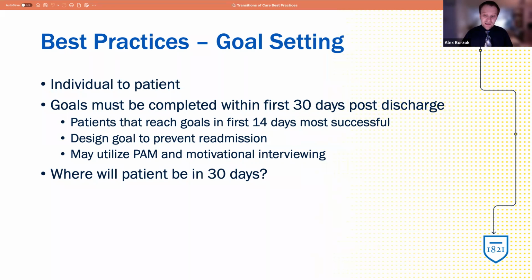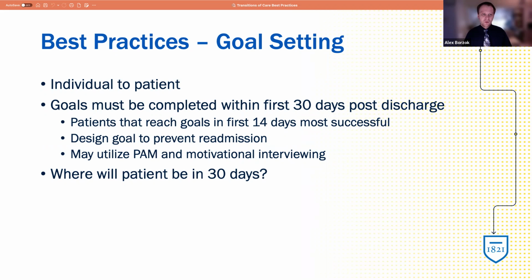Ultimately, we want to prevent readmission for longer than 30 days, but in order to get that reimbursement from CMS, from Medicaid, Medicare, you need to have no readmissions related to that initial admission within those first 30 days.